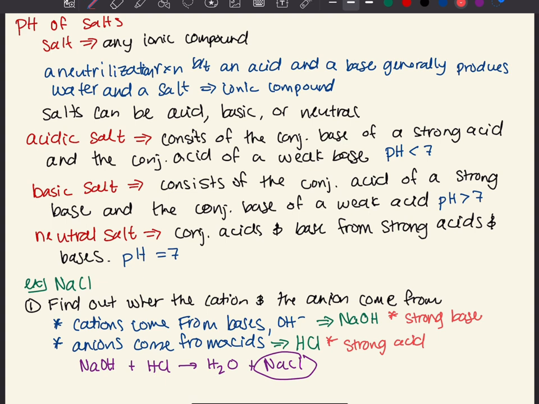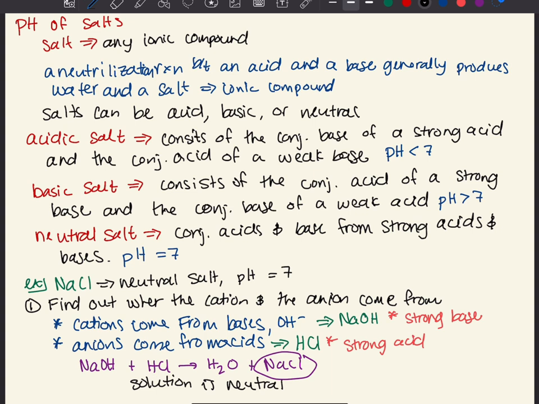So since they're both from strong, we're going to get a neutral solution. So this means we have a neutral salt, and the pH is going to be equal to 7.